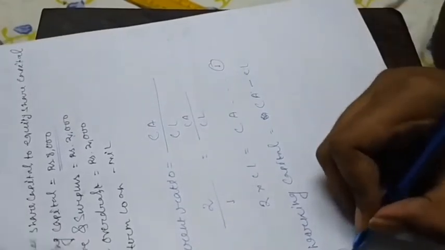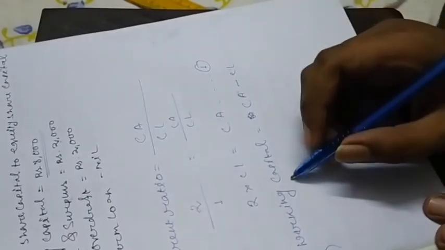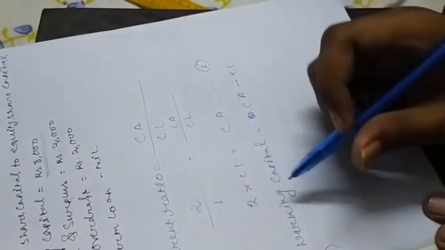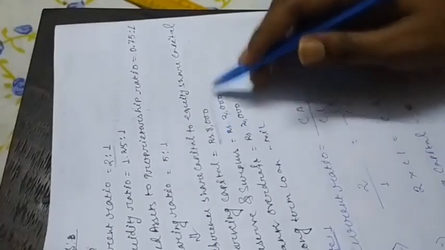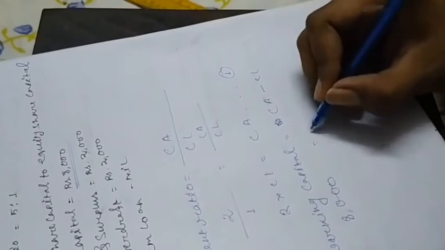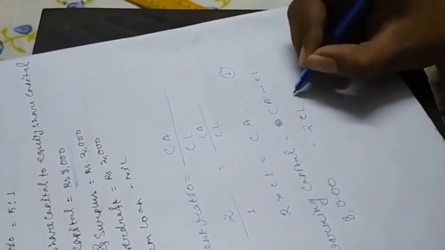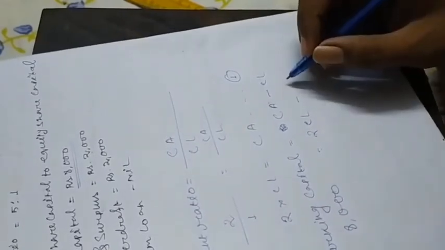I think you know that formula. And working capital is 8,000, and current asset means 2 CL, where CL means current liability.